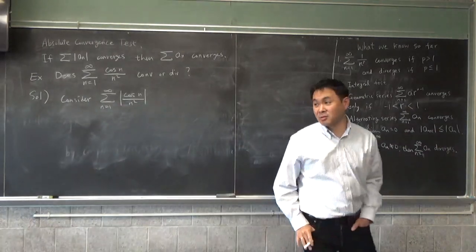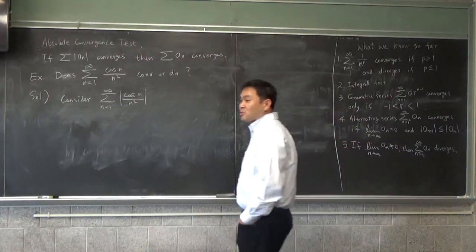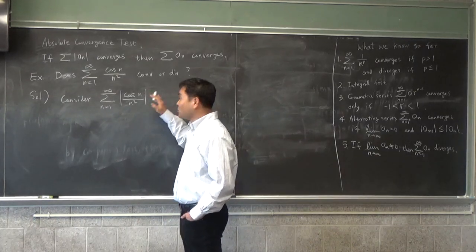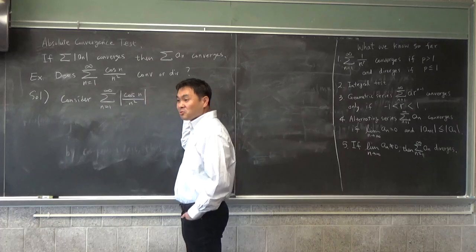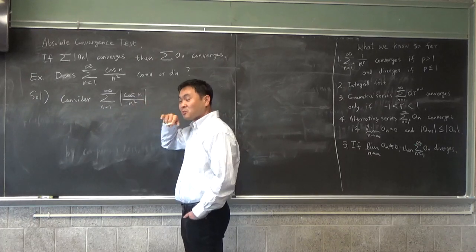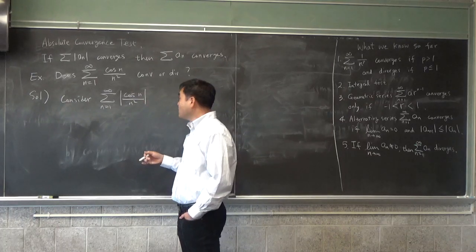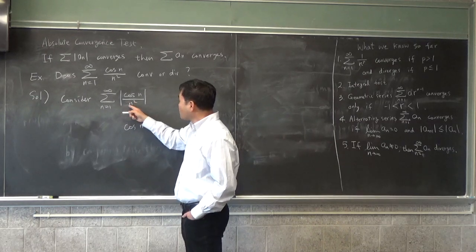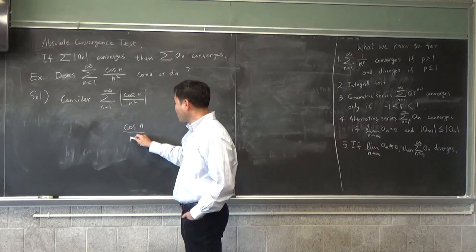How does that help us now? Well, then we can use the comparison test. Right? If it's positive, and if you have something that's bigger than this one, which converges, then this should converge as well. Okay. So tell me, well, the absolute value of n squared is just n squared.